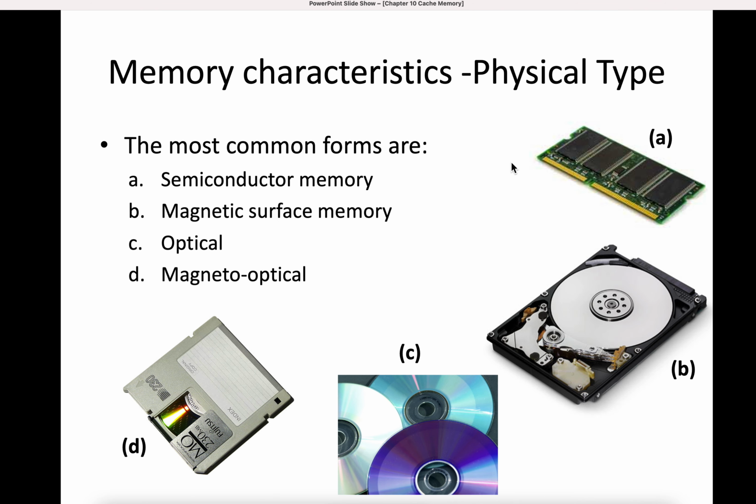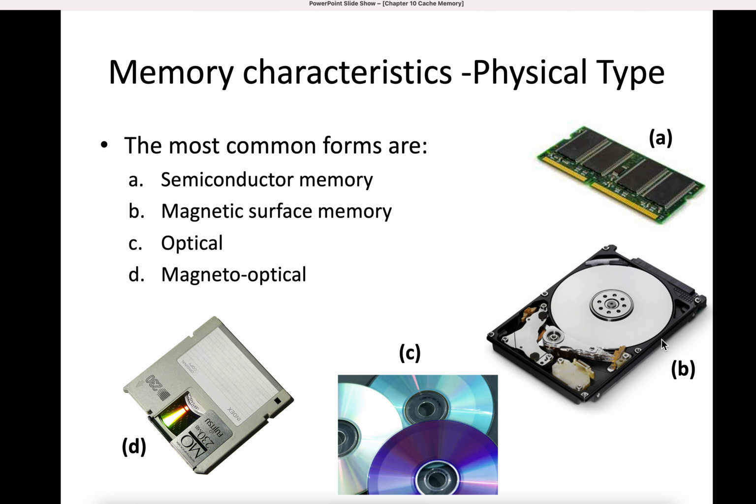These are the physical types for the common memory systems. It's either semiconductor, which is this one. I'm sure you have seen or are familiar with this form. This type of memory is often referred to as RAM.